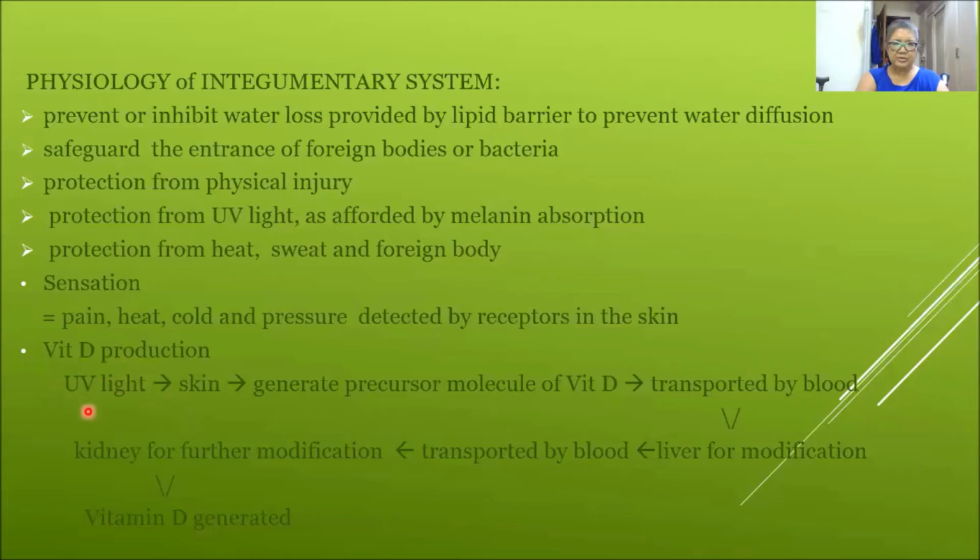So when you expose yourself to UV light, your skin will receive it and it will generate the precursor molecule of vitamin D. Now, this generated precursor will be transported by the blood to the liver for modification. Once it is modified, again, it will be transported by the blood to the kidney for further modification before it will release the generated vitamin D.